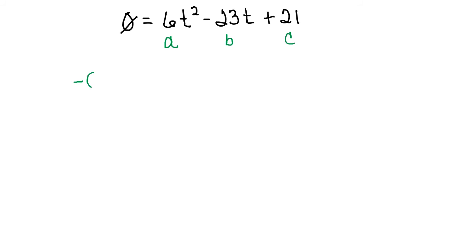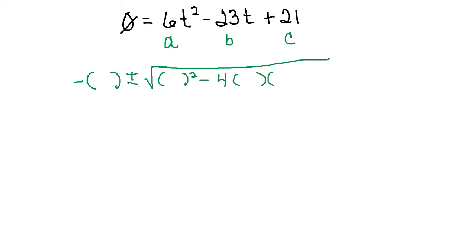So negative B plus or minus square root of B squared minus 4AC all over 2A. And I like making mine separate. All over 2A. So quadratic formula song. And now I'm just going to plug things in.